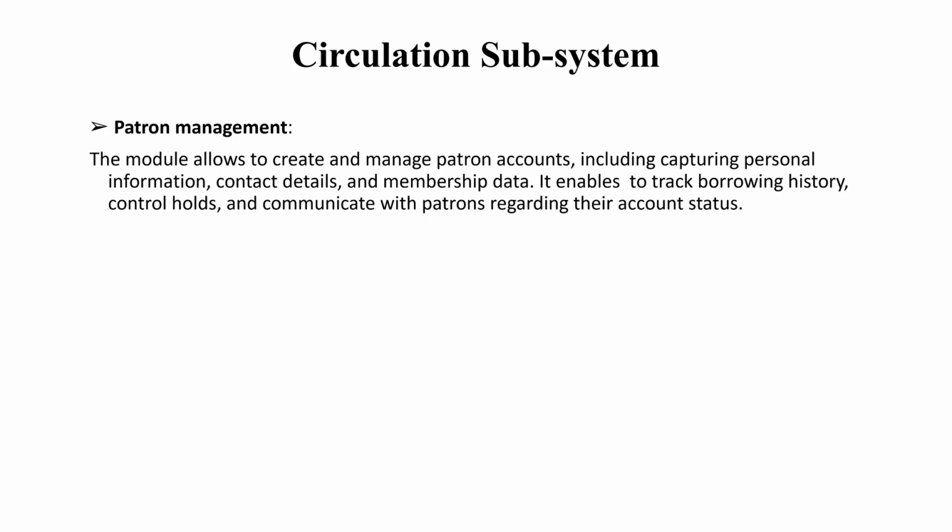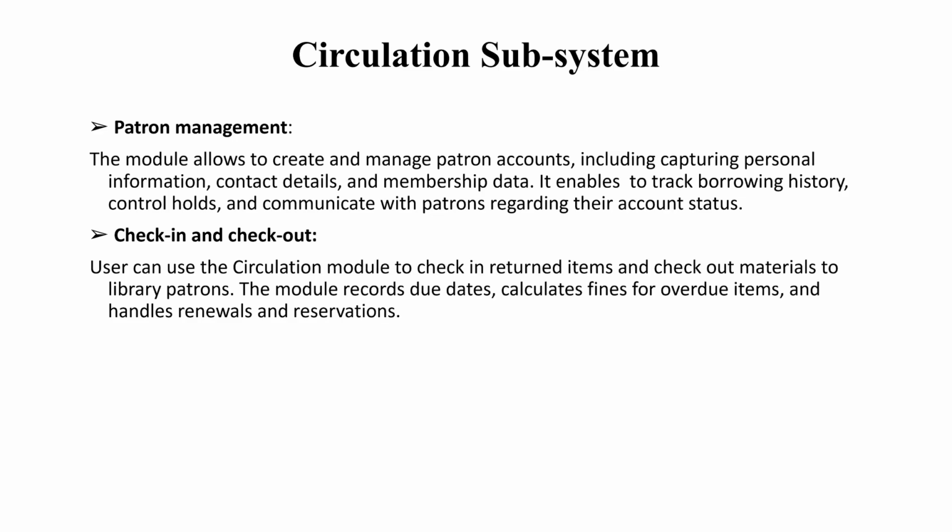The next facility is check-in and check-out. Users can use the circulation module to check in returned items and check out materials to library patrons. The module records due dates, calculates fines for overdue items, and handles renewals and reservations.